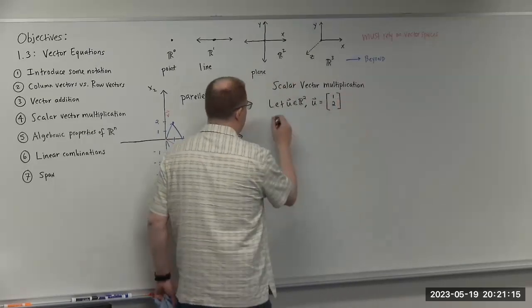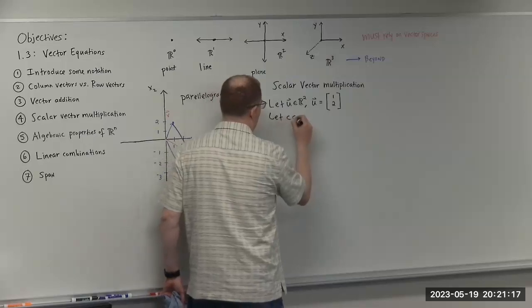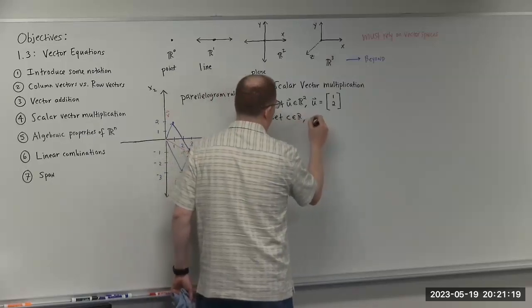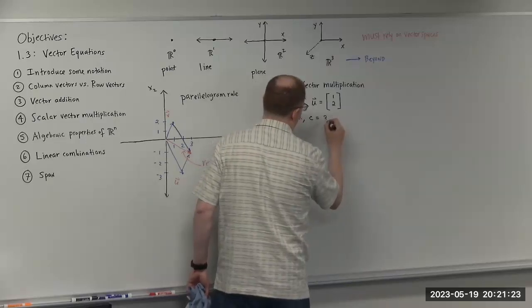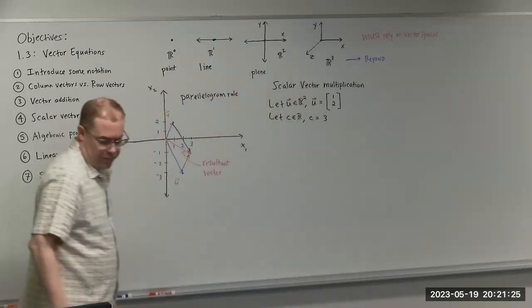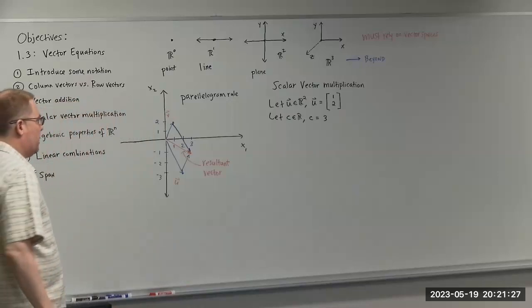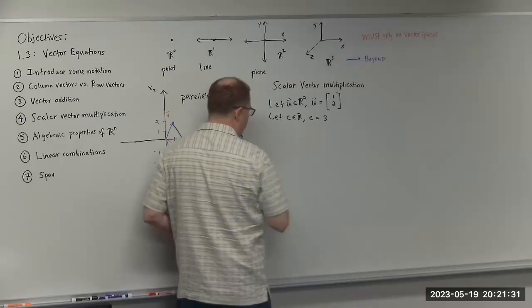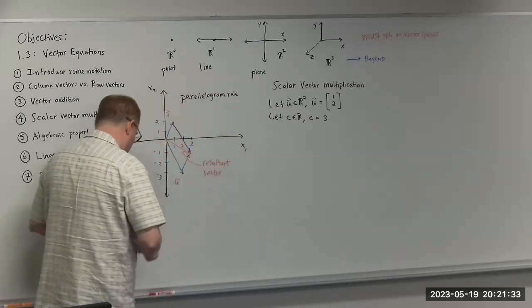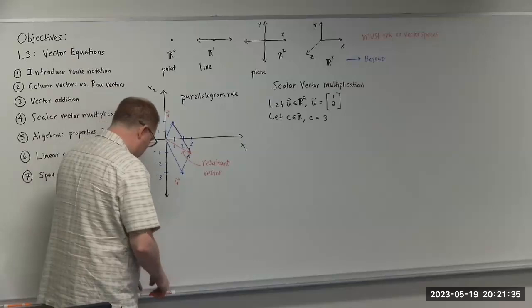And let C be some real value. So we're going to let C be equal to, let's say, 3. If I take the value of C and multiply it with u, this is what we're going to get.